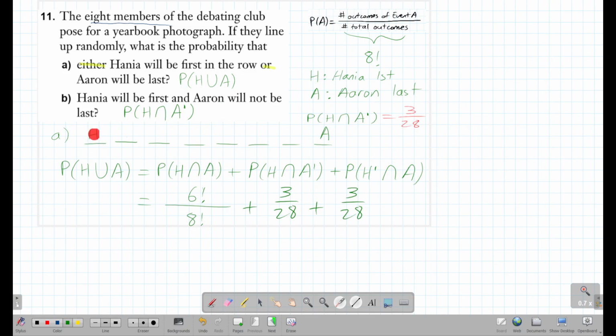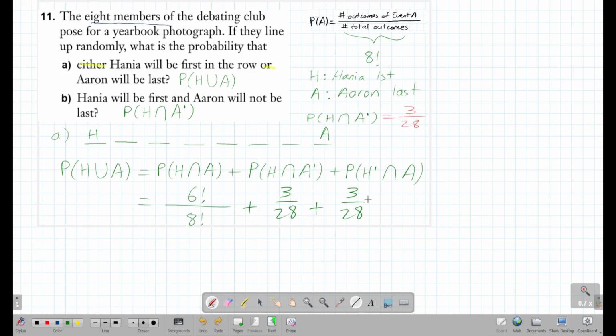Either she's first or not, either he's last or not, and you can't have them be both first and not first, and last and not last. So this is why we're adding and not subtracting. It's because these 3 are mutually exclusive events.